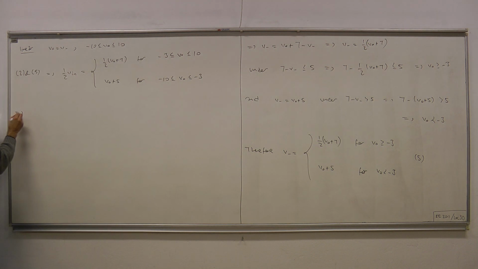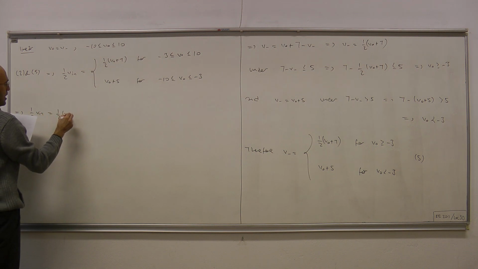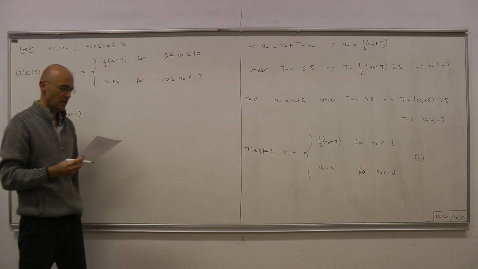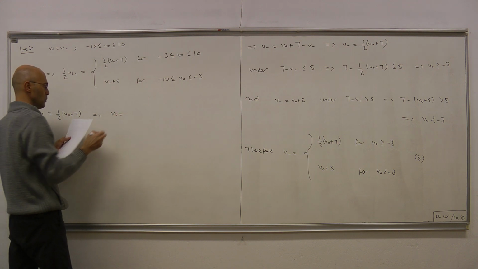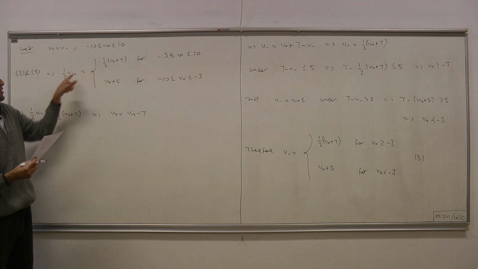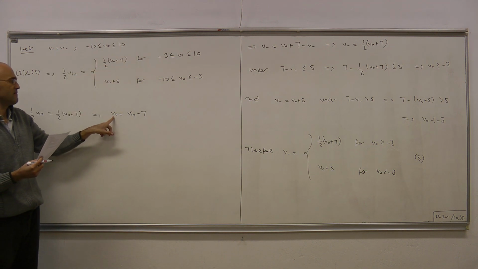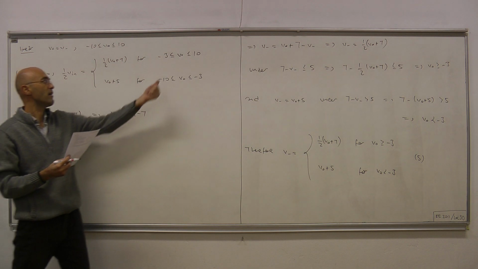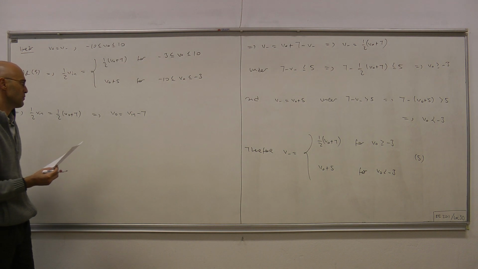Okay. Therefore, we have 1/2 V in equals 1/2 V out plus 7, from which we have V out equals V in minus 7. Okay. So the first line gives us V out in terms of V in. We also have to now translate this into a constraint in terms of the input voltage, which is easy.